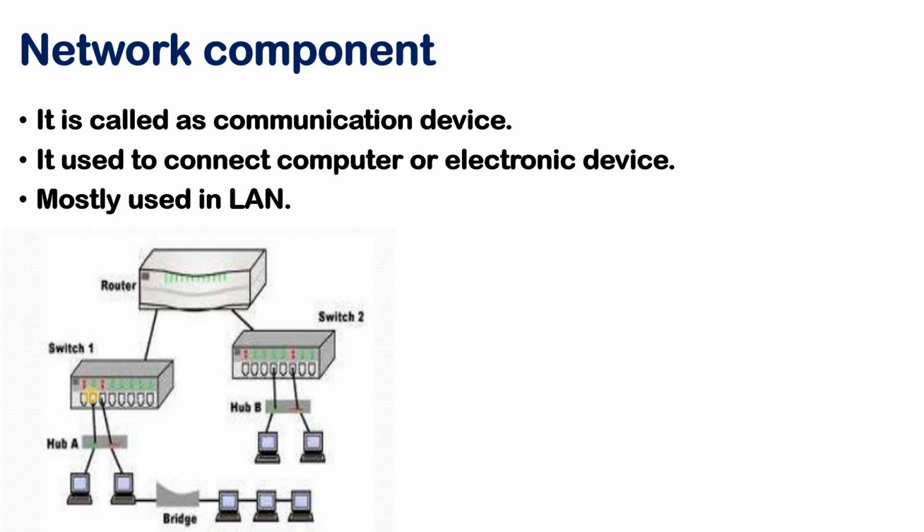First, let's see what a network component is. Actually, you are all using an internet connection because you are using mobile phones. Through your mobile phones, you are connected to the internet. If you don't have an internet connection, you can't access Facebook or YouTube or any social media such as WhatsApp, Insta.